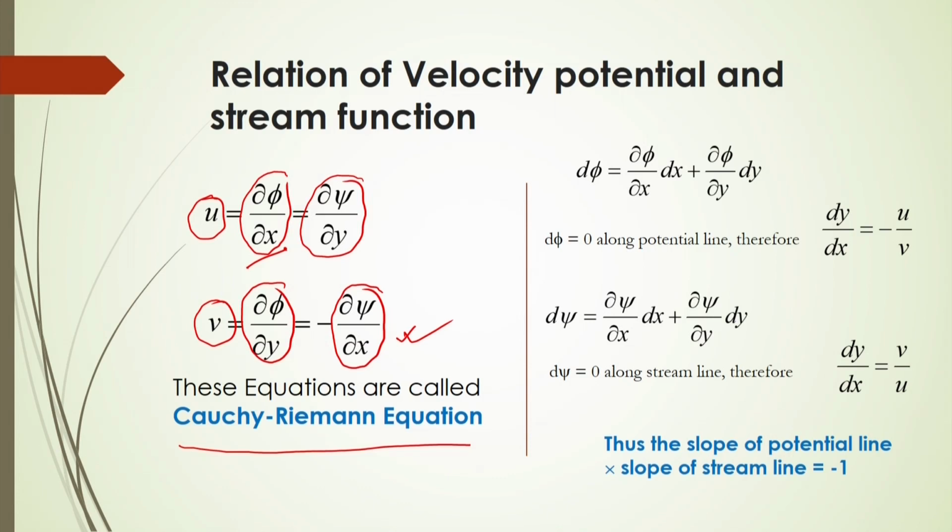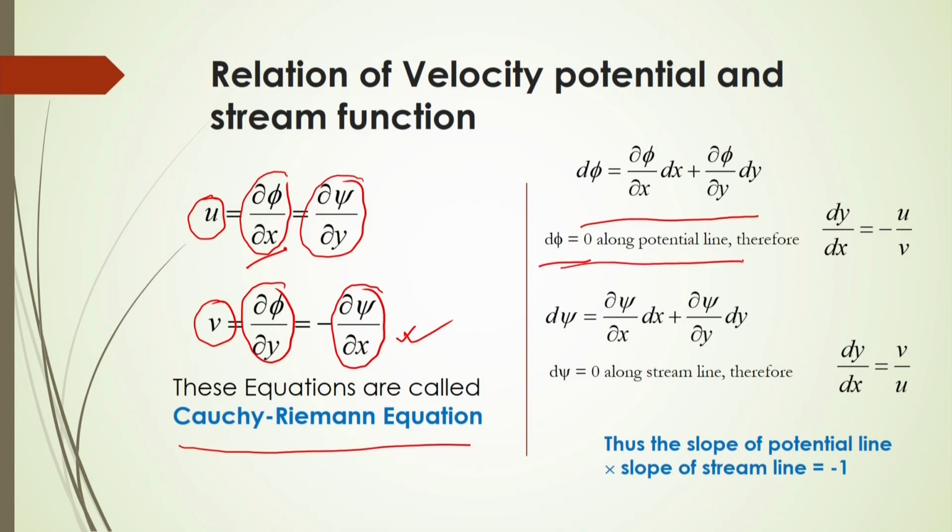Now, if we get dφ, it will be equal to ∂φ/∂x into dx plus ∂φ/∂y into dy, and along the potential line dφ will be equal to 0.